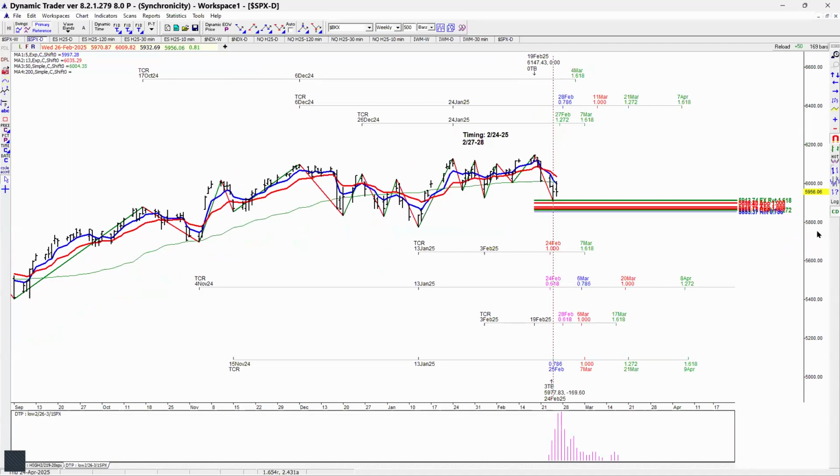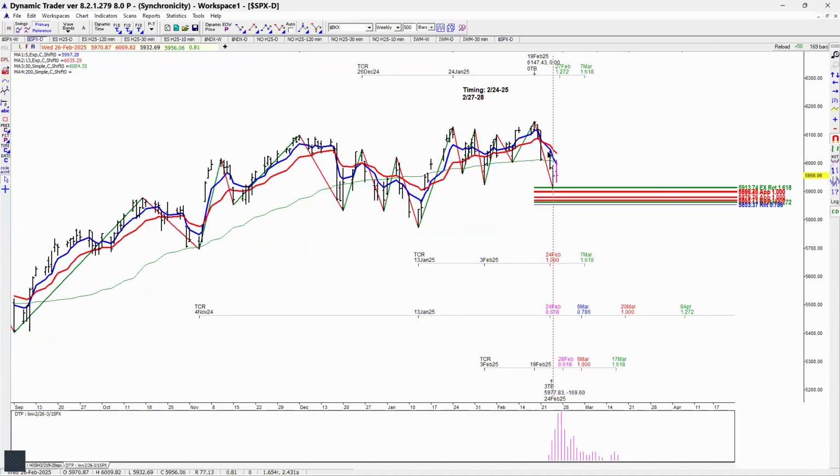So I don't like the fact that the 513 is in a sell mode. I don't like the fact that we're below the 50. It tells me that even if we do get a bounce with timing, you have to absolutely be prepared for a possible failure because of where we're at with these moving averages, along with the fact that we did take out a prior swing low here.